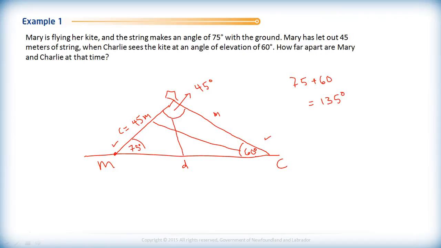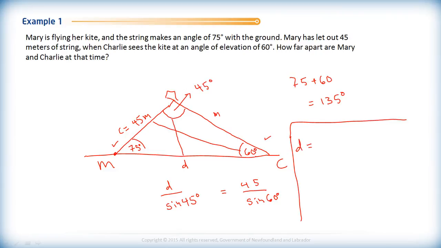So if we set this up using the sine law, d divided by the sine of its opposite angle, which we now know to be 45 degrees, has to be equal to 45 meters divided by the sine of its angle, which is 60 degrees. So there's our sine law with its ratio set up. All we have to do now is solve for d. If I multiply both sides by the sine of 45 degrees, I get d equals 45 sine 45, all divided by the sine of 60 degrees.